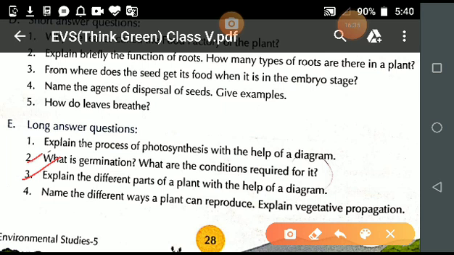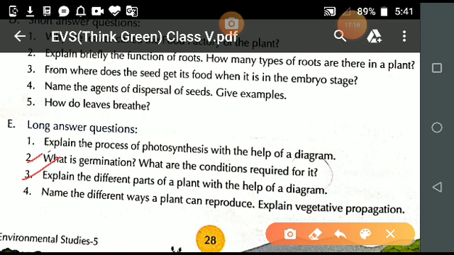The part of the plant which grows below the ground is called root. And what is shoot? The part of the plant which grows above the ground is called shoot.